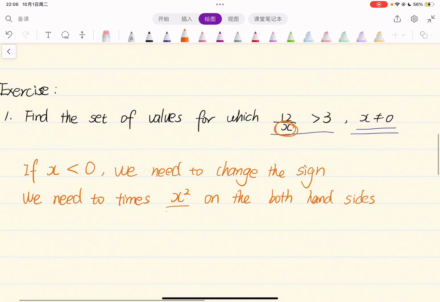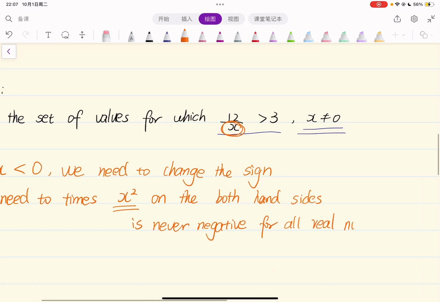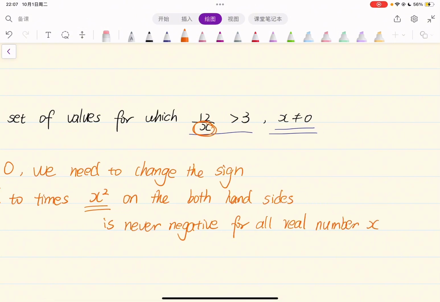Why is that? Because x squared is never negative for all real numbers x, though sometimes x squared equals 0.